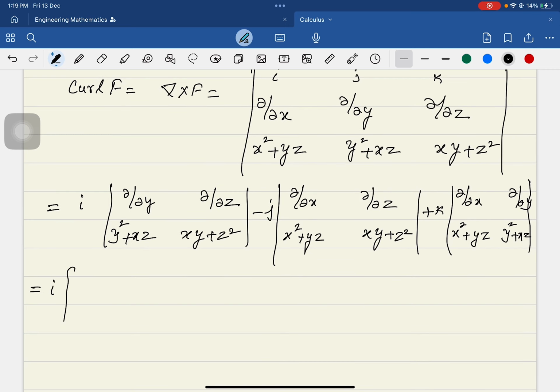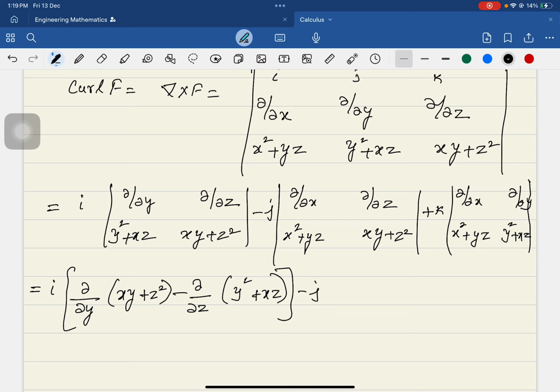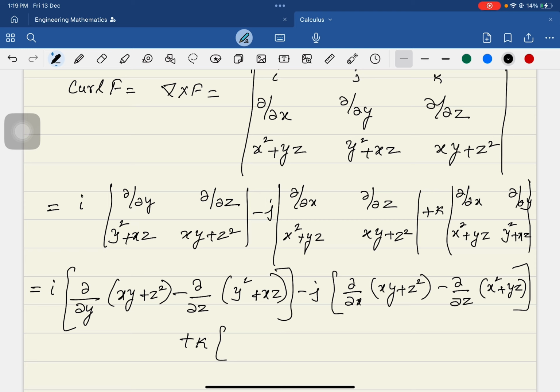This is i times of dou by dou y of xy plus z square minus dou by dou z of y square plus xz, minus j times of dou by dou x of xy plus z square minus dou by dou z of x square plus yz, plus k times of dou by dou x of y square plus xz minus dou by dou y of x square plus yz.